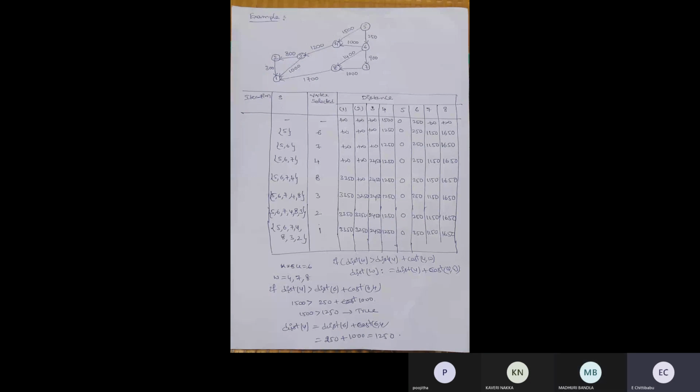This is the iteration table, the S values, what is selected, and the corresponding distances for 1 to 8. Initially, the starting vertex is 5. Is there a direction from 1 to 5? Sir, 5 to 1. Sir, your voice is cutting out.